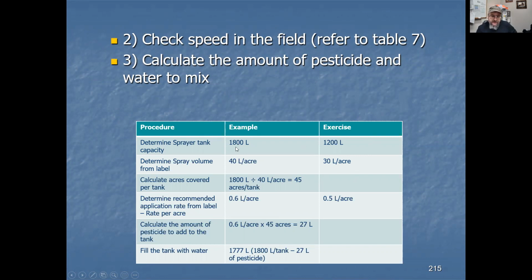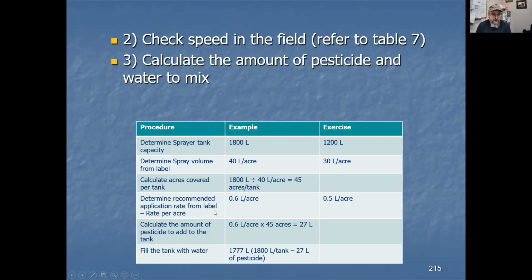Sprayer tank capacity, let's say it holds 1,800 liters. You've read the label, and the label says to apply 40 liters an acre. You calculate acres covered per tank: 1,800 liters divided by 40 liters an acre equals 45 acres per tank.